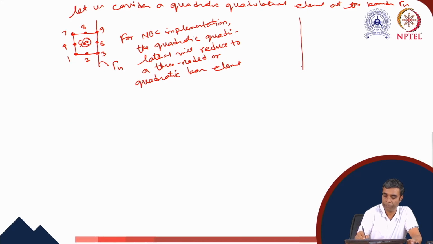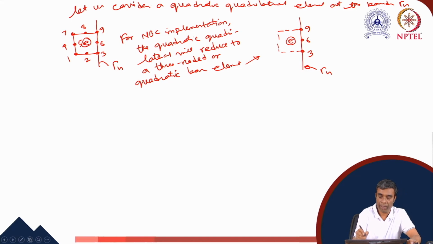So I show the sketch here once more. So this is our gamma edge. So now the local nodes are 3, 6 and 9. So the element has reduced to a quadratic bar element.